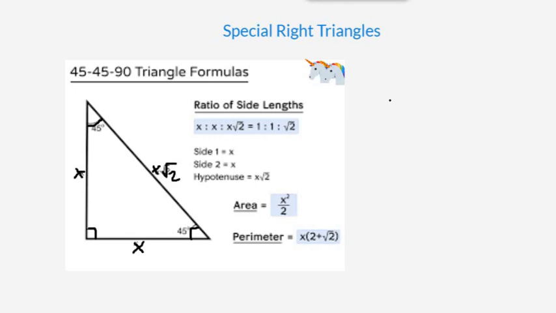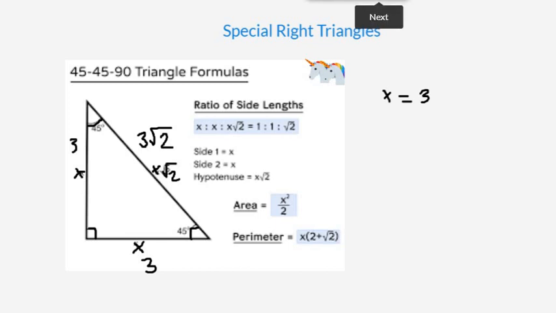So if x is 3, then you have 3 and 3. These are the two legs, and the hypotenuse is going to be 3 square root of 2. That is the ratio for every 45, 45, 90 triangle.